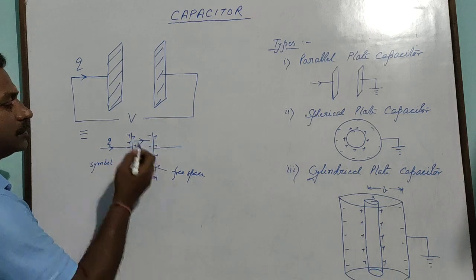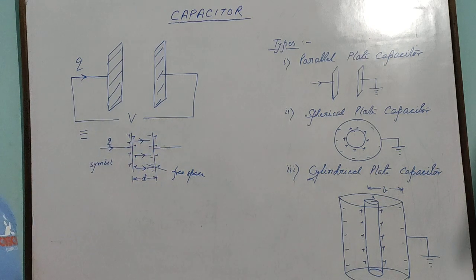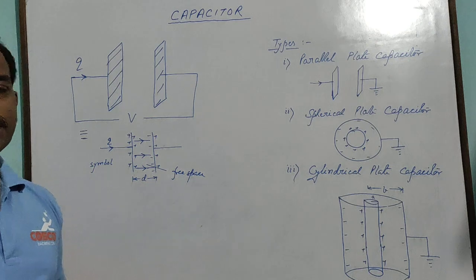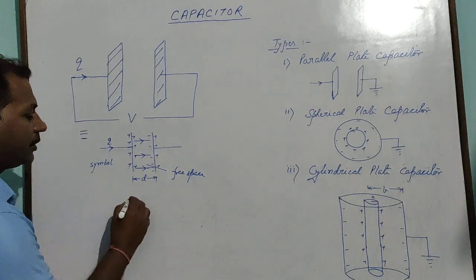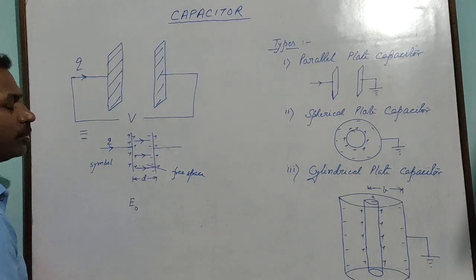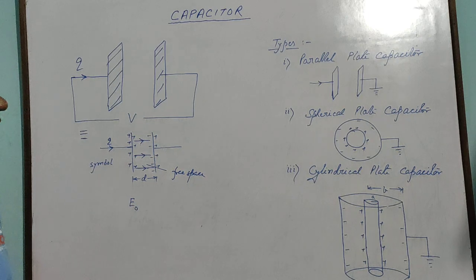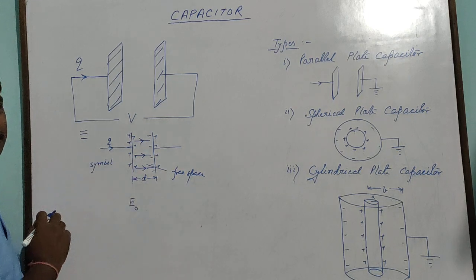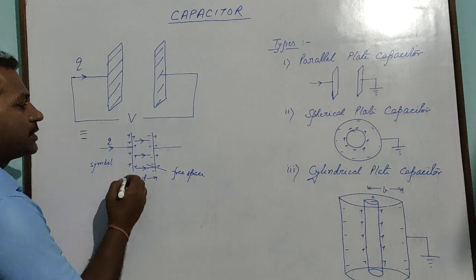Since the gap between the two plates is totally free space, the field intensity developed here can be denoted by E0.